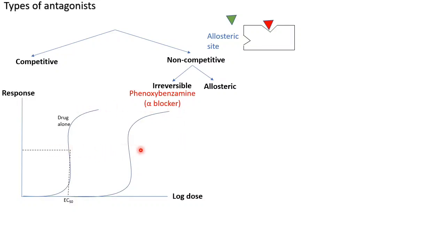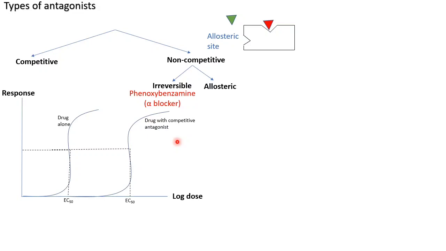Let's take a look at the EC50 of the drug after giving the competitive antagonist. EC50 became more because we needed a higher dose to elicit the same response here. So this is the curve of the drug alone, and this is the curve of the drug with competitive antagonist, or after we give a competitive antagonist.